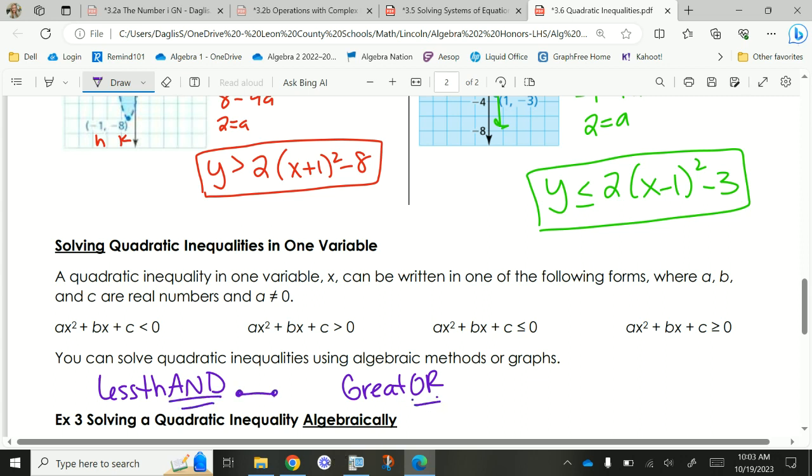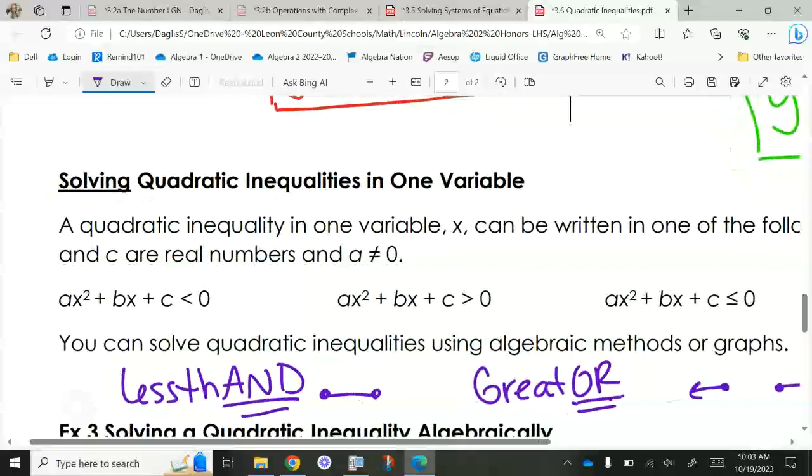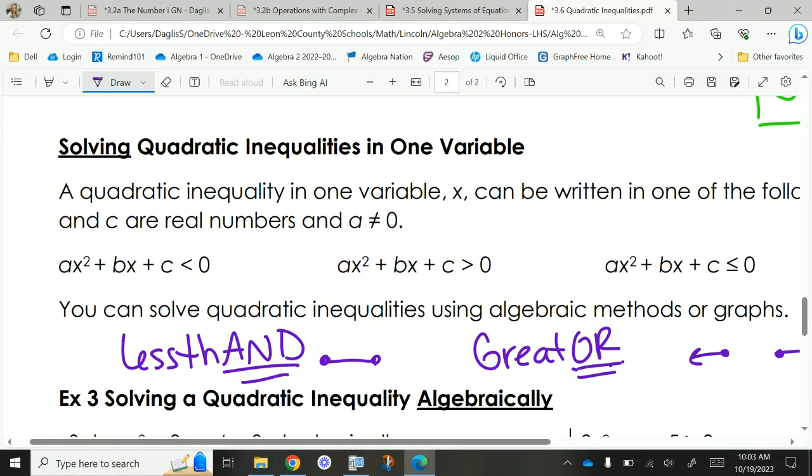And then the greater is when they bounced away. So like if my example looked like this first one, would they be meeting in the middle or bouncing away? This first example, what symbol is that? It's a less than. So are they going to meet in the middle or bounce away? They're going to meet in the middle, okay?